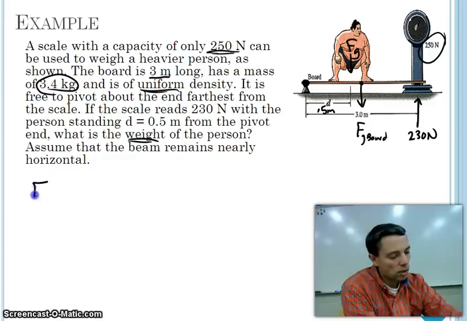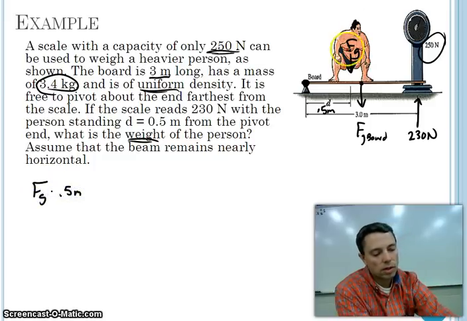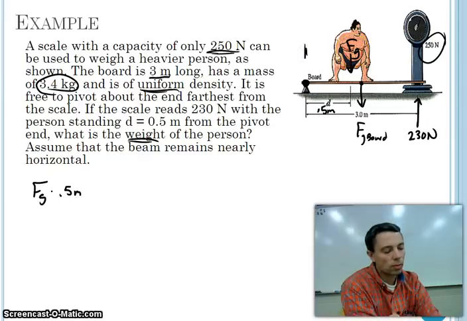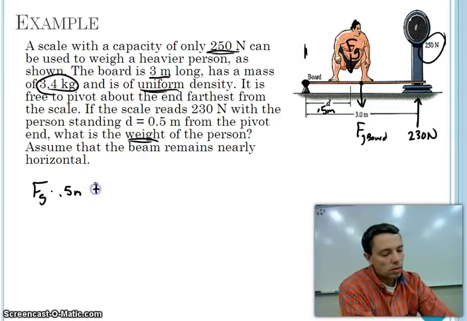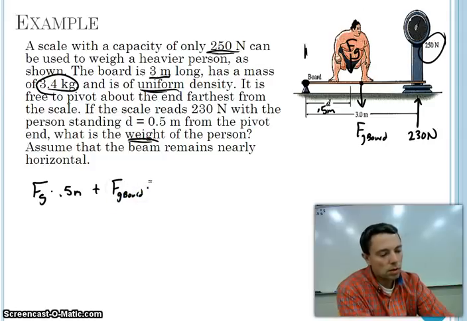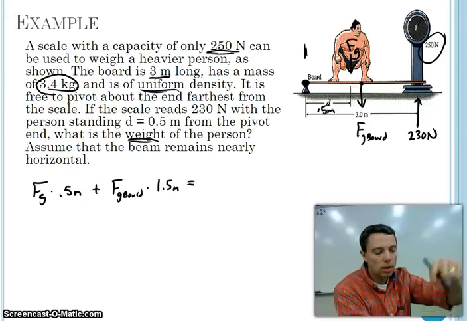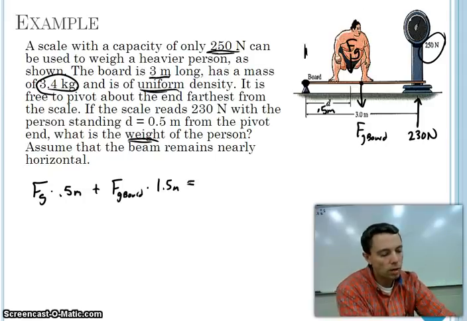So my FG times 0.5 meters, because that's how far away from the pivot my sumo wrestler is, plus my FG of the board times the halfway of the board has to be balanced. So that's my clockwise rotations. Those have to be balanced by my counterclockwise rotations, which is my 230 newtons times the 3 meters.